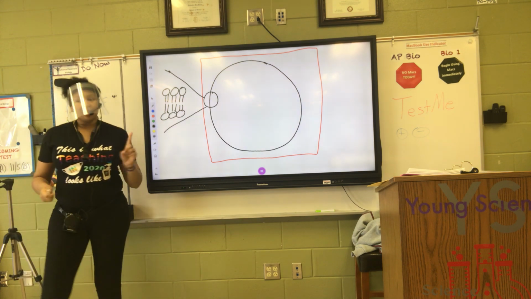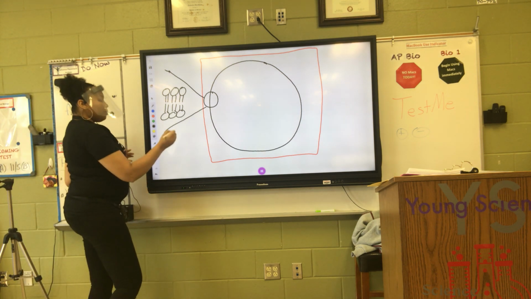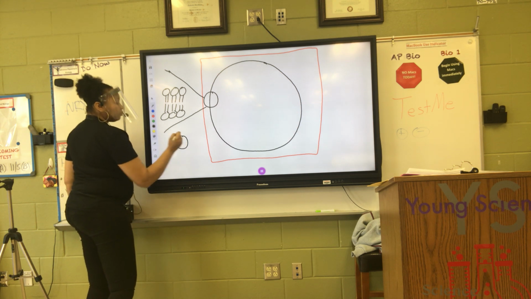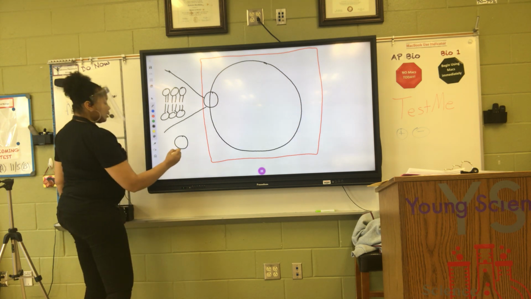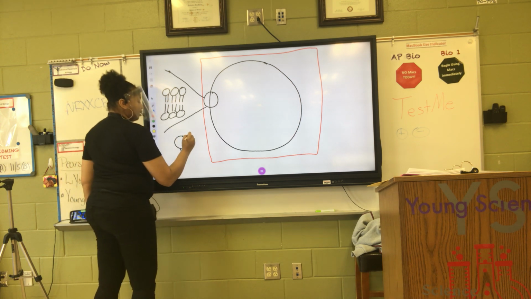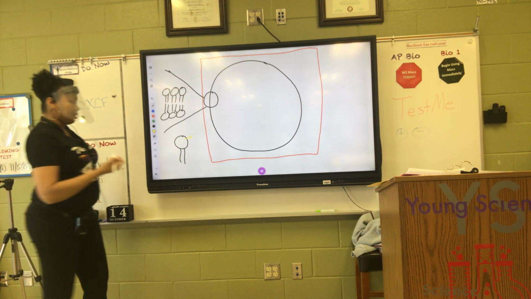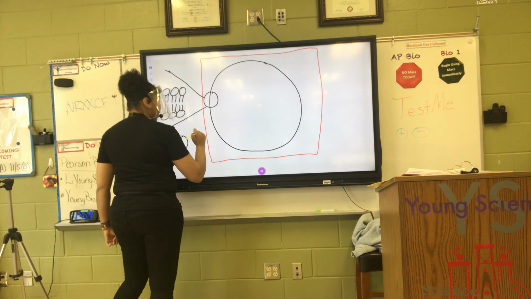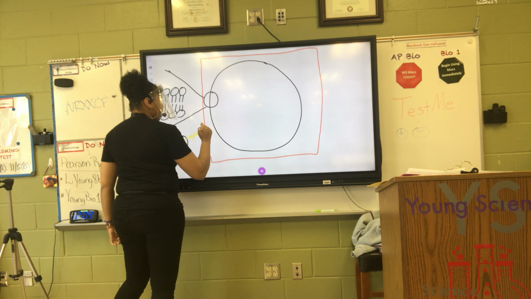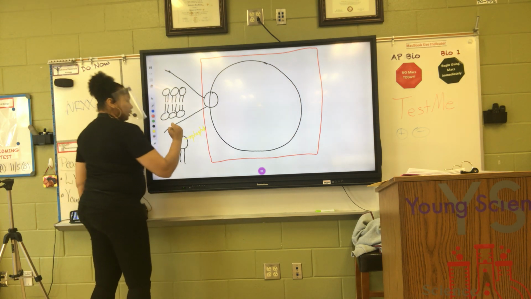Now, let's talk about the phospholipid. Let's review the phospholipid itself. So we remember that the phospholipid, of course, is a lipid, so it's a major organic molecule. It has a head that is made of what? What's this head made of? Phosphate. All right, the head is phosphate, and it is what we call hydrophilic.